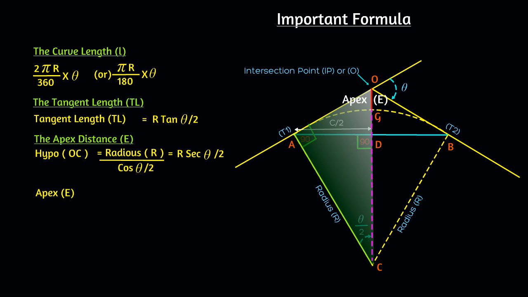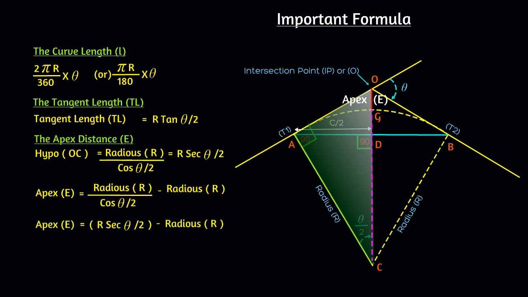Now, the apex distance equals R divided by cos theta by 2 minus radius, or R into secant theta by 2 minus radius. Formula: apex distance, E, equals radius multiplied by secant theta divided by 2 minus radius.